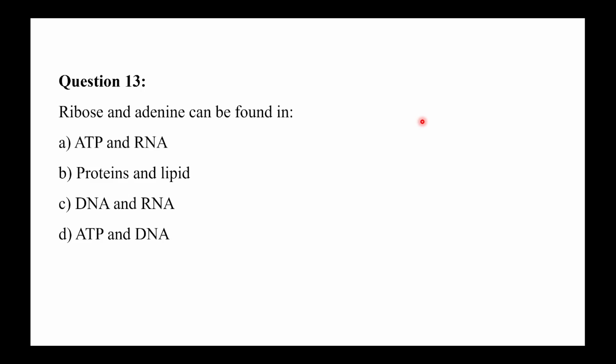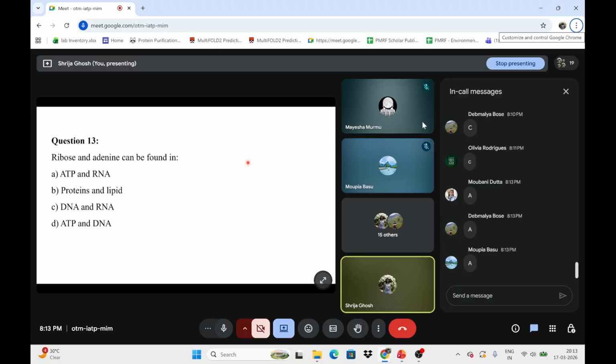Ribose and adenine can be found in option A, ATP and RNA, option B, proteins and lipids, option C, DNA and RNA, option D, ATP and DNA.